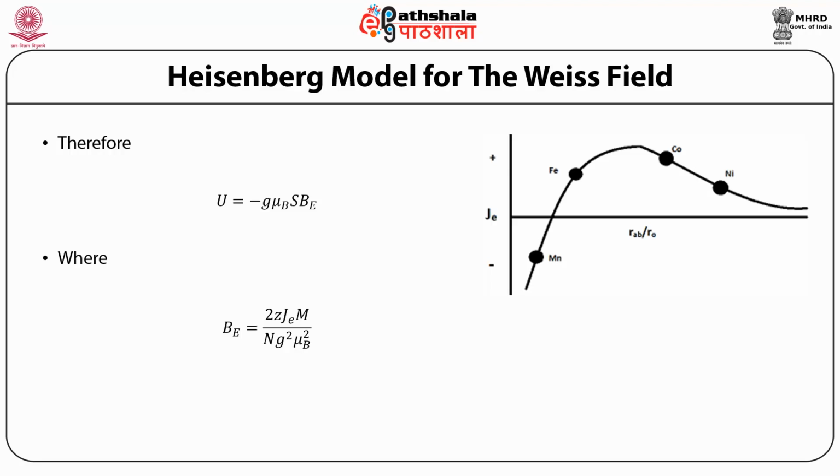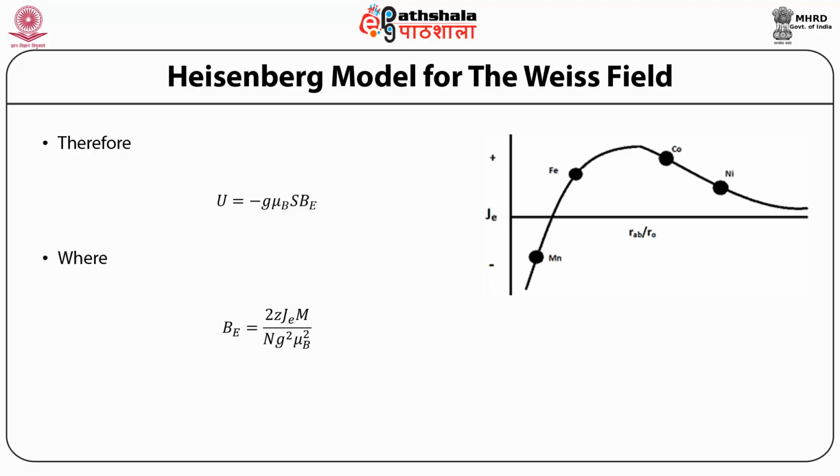Also, this curve is important in the sense that we know manganese is paramagnetic, but it can be changed by alloying manganese with, for example, antimony, arsenic or copper. If we make an alloy of manganese with antimony or copper, then we can convert this ratio of Rab over R naught to greater than or equal to 3.